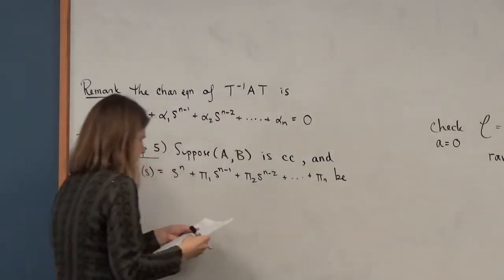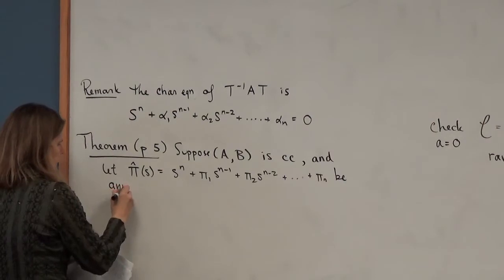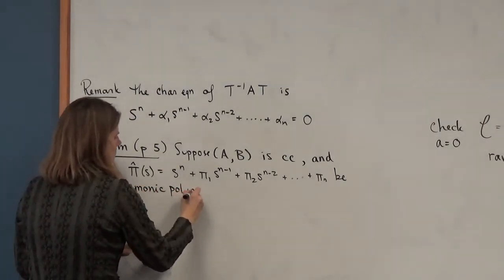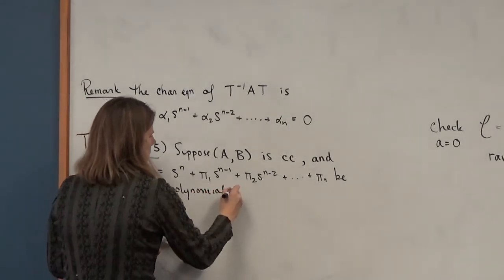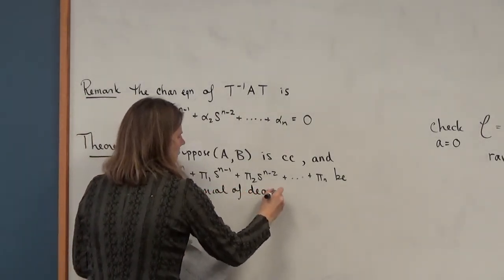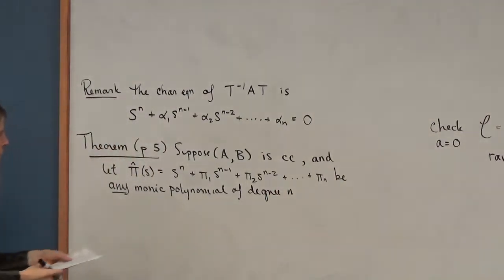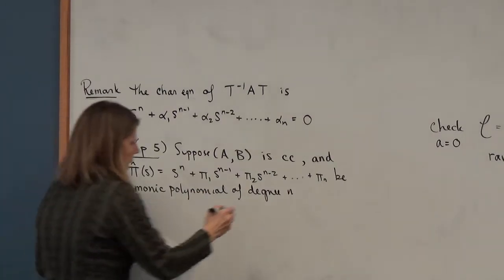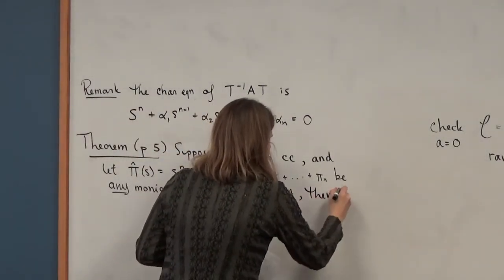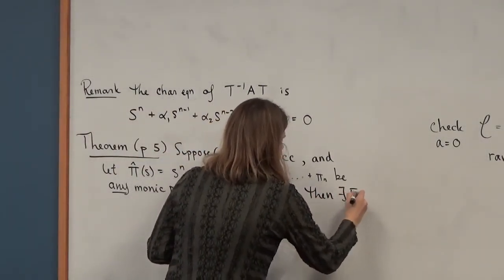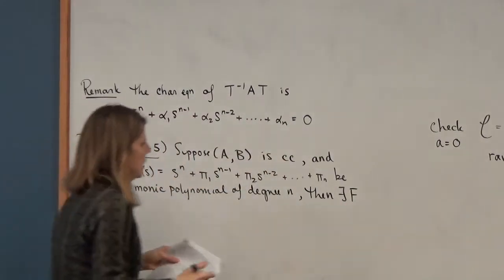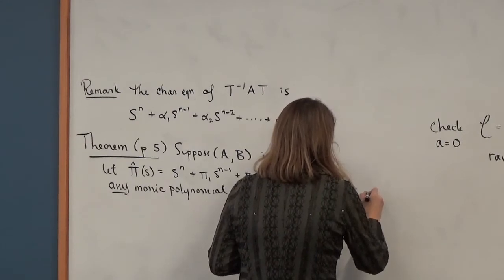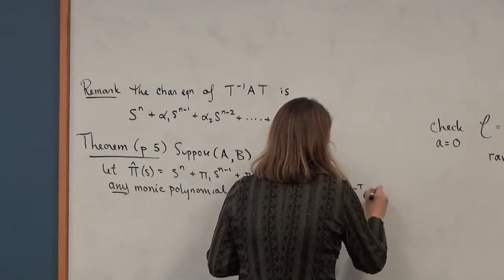Be any monic polynomial of degree n with real coefficients, so these pi i's are real numbers. Then there exists a matrix F. Okay, so that matrix F is a matrix.